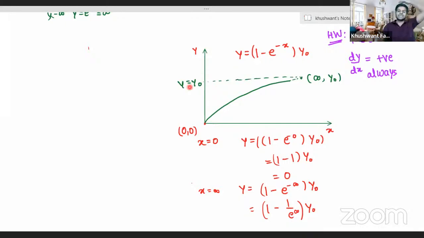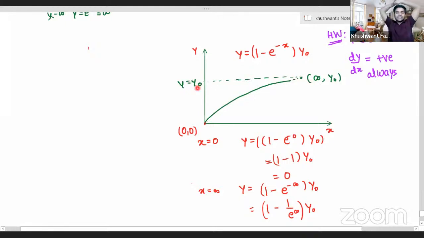Okay, are you all clear? How did we do it? At x is equal to 0, we found y is 0, meaning this is one point from which the curve passes. Second, at x is equal to infinity, we saw that the y value becomes y naught. So the curve will try to meet this value, meaning y will ultimately try to become constant and equal to y naught.